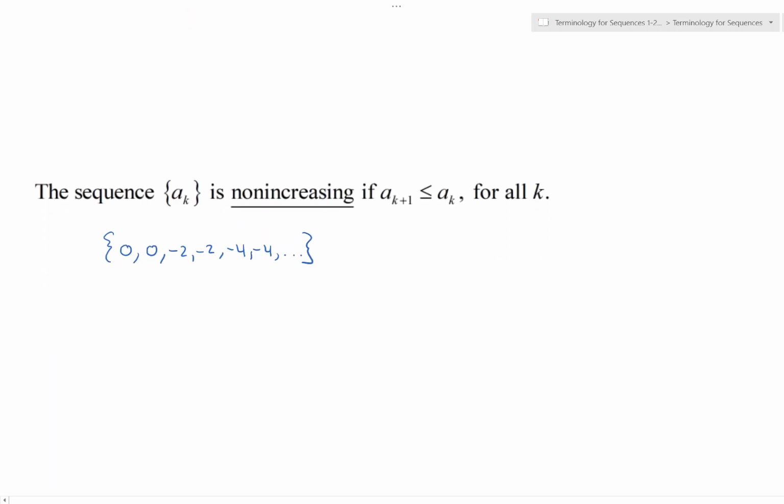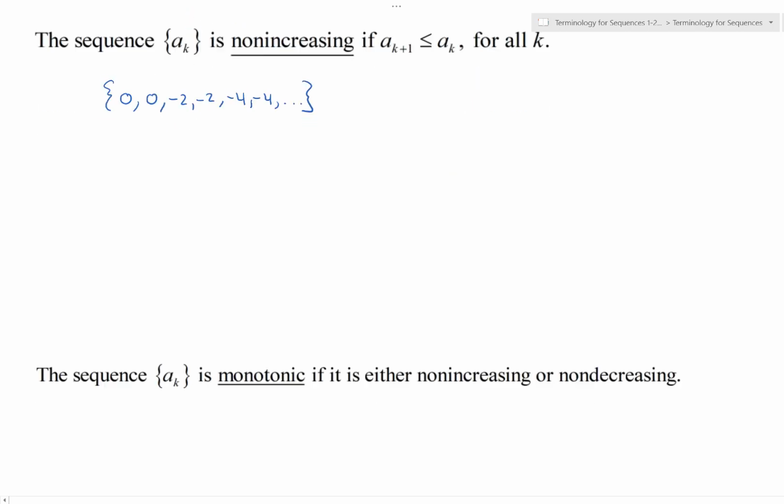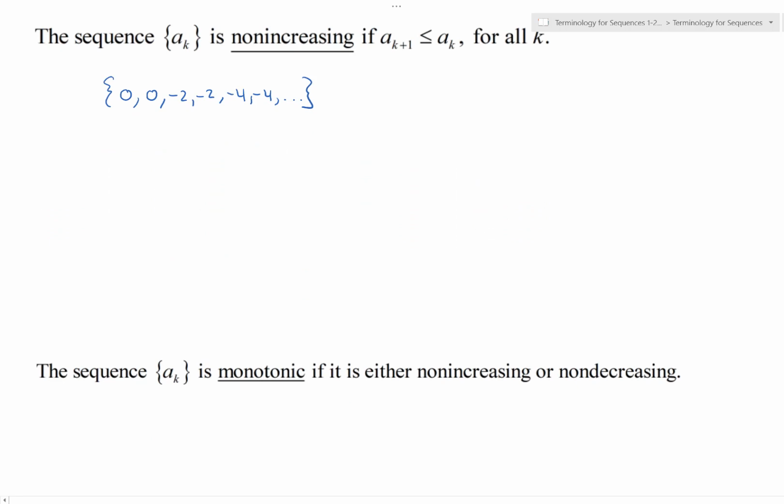So far, we got a few more to talk about here. We say that a sequence a sub k is monotonic if it is either non-increasing or non-decreasing. So it never changes its direction in terms of getting bigger or smaller, but it can be equal in successive terms.